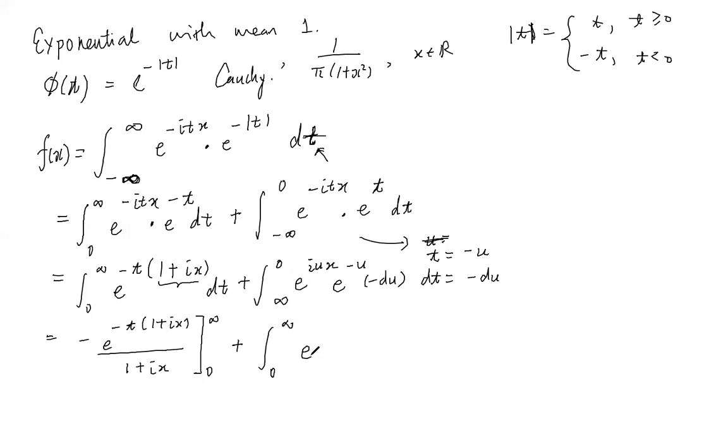So here you have e of minus u times 1 minus iu, and this will be du. So here you will have minus e of minus u times 1 minus iu, over 1 minus iu, evaluated from 0 to infinity.